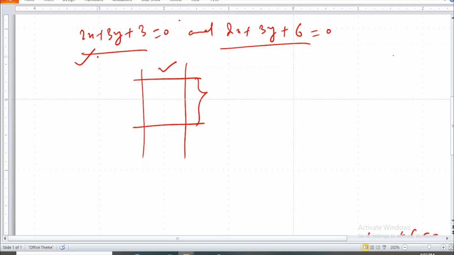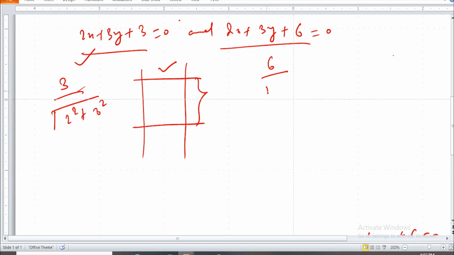So try to find the distance between two parallel lines, which we have just studied. So 3 upon root of, the distance of the origin from the first line: replace x with 0 and y with 0, and this is 3 over the root of the sum of squares of the coefficients.